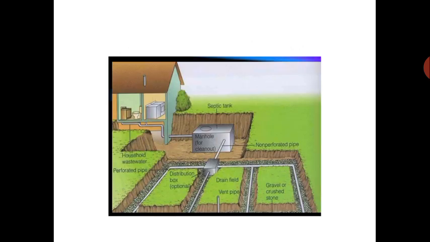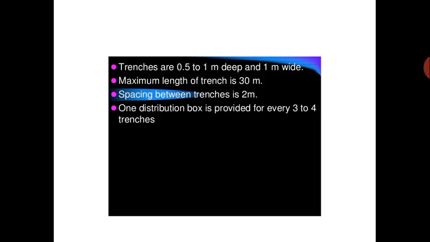This is of course one more type of trench type of system. After septic tanks, the effluent can be disposed into the trench type of systems. Of course, these trenches are 0.5 to 1 meter deep and 1 meter wide.